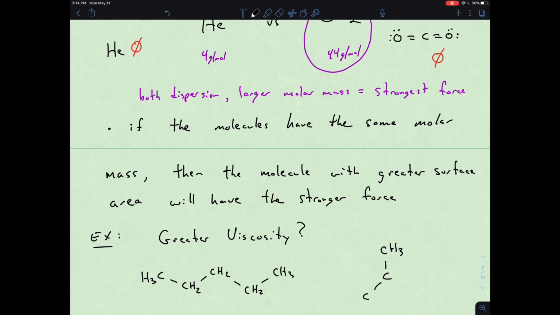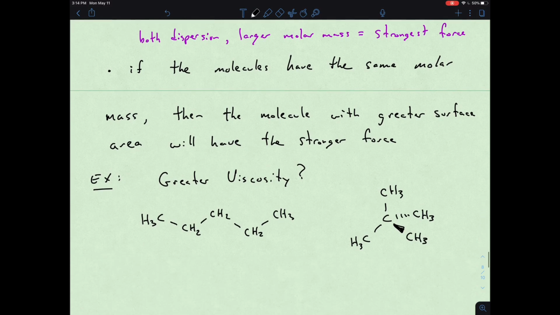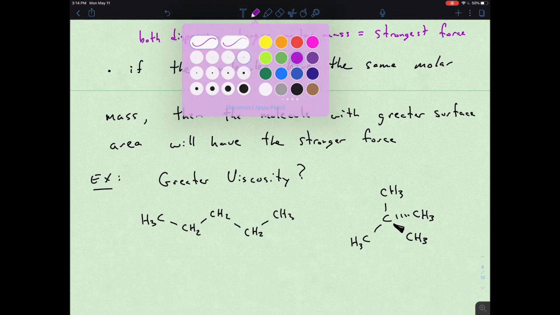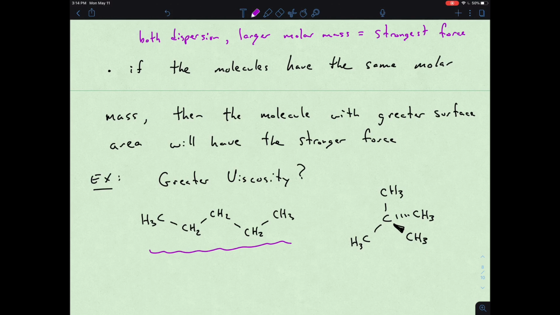If you calculate, these have the same formula, the same number of carbon and hydrogens, i.e. they have the same molar mass. But if we look at surface area, we have a greater surface area with the extended chain as opposed to the tight-fitting structure.